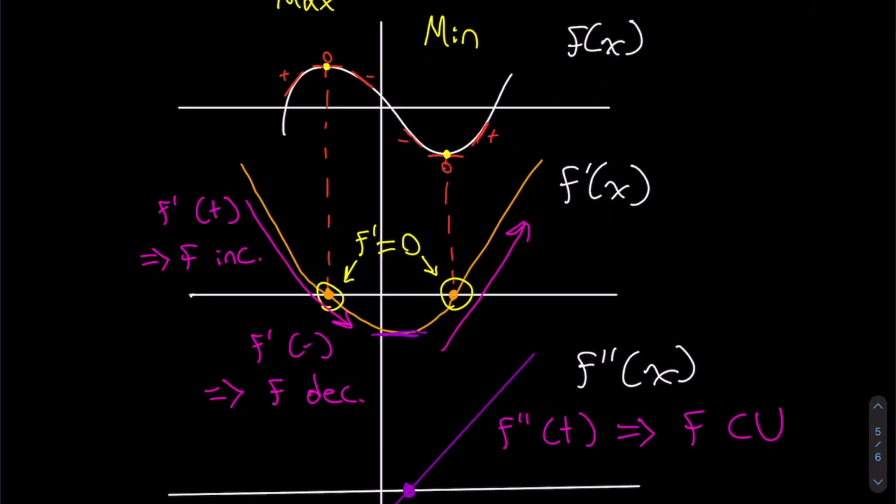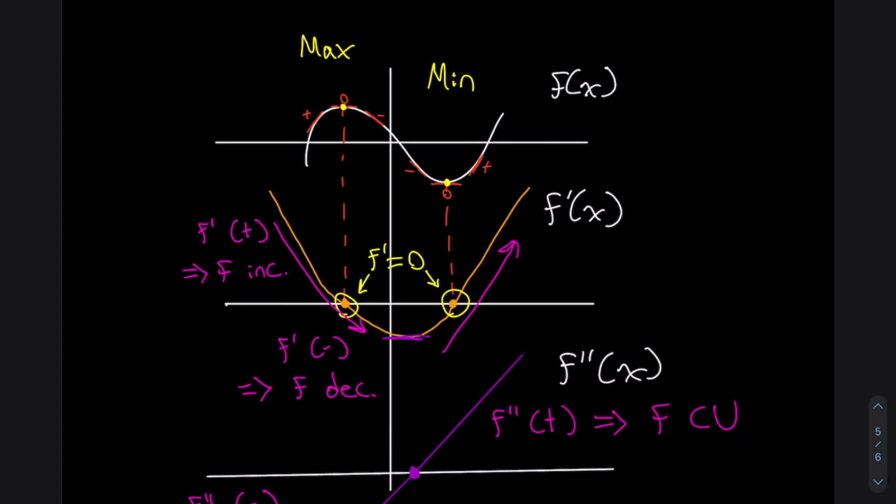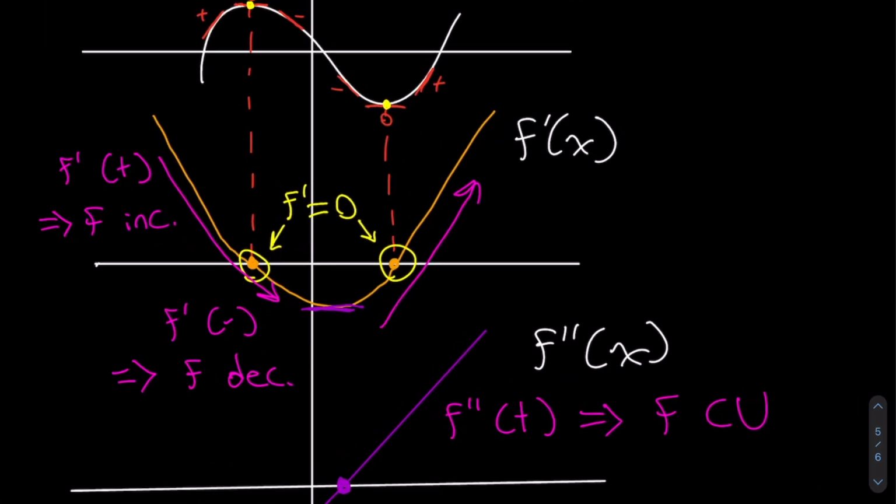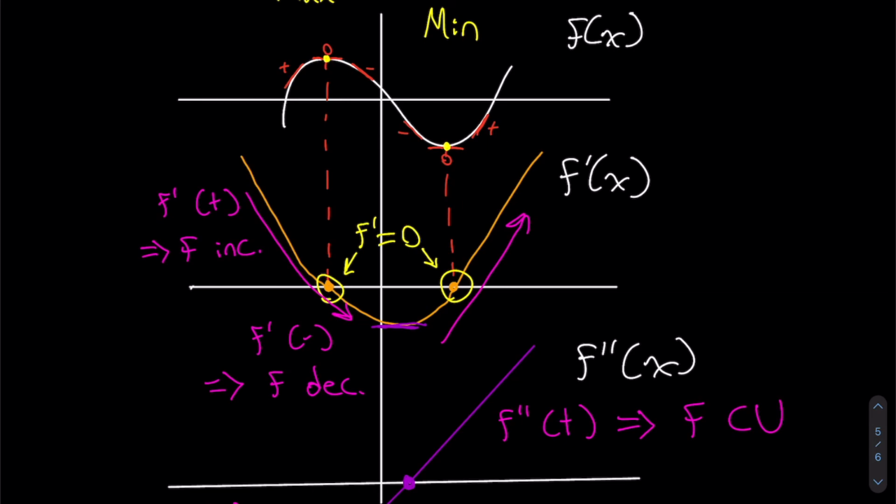So that's how you can use the derivatives of a function to describe how the function is shaped and where the maxima and minima are, which is very important, as we'll see in future videos, in understanding the physics, especially in terms of motion and speed, which was the first example I gave in this video.